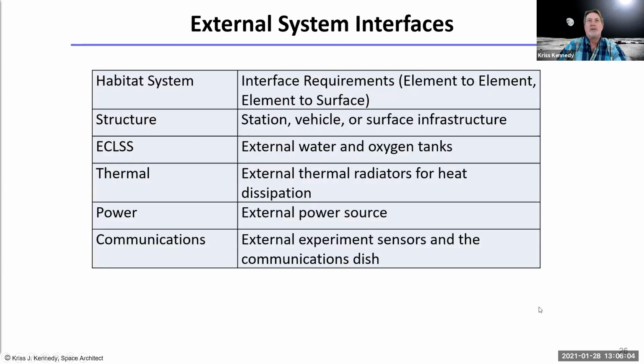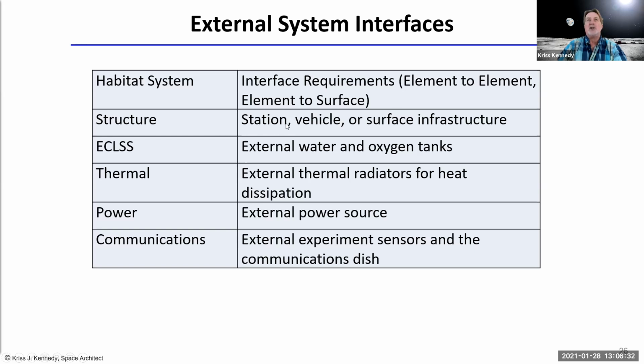So external system interfaces for habitat systems, structure, ECLSS, thermal, power, and communications are all kind of external interfaces that a system would have. So for a habitat system or element, you'd have element to element interfaces and element to surface if it is on the lunar or Mars surface.